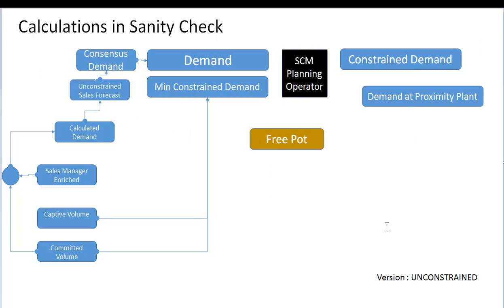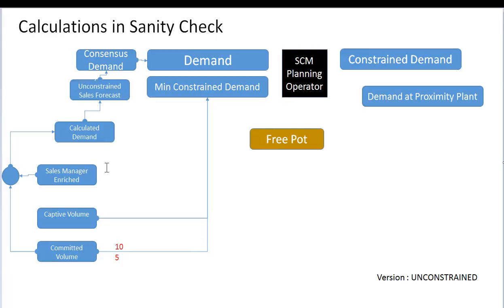There can be an additional situation where calculations need to be changed in order to obtain the most value of the sanity check. Let's go back to the first example and the original values in that example. In that case, we had committed volume of 10 for the first combination, 5 for the second combination.